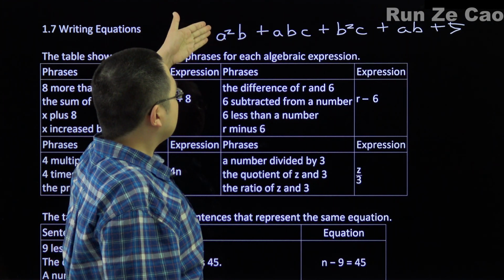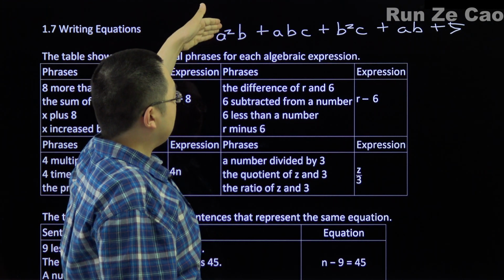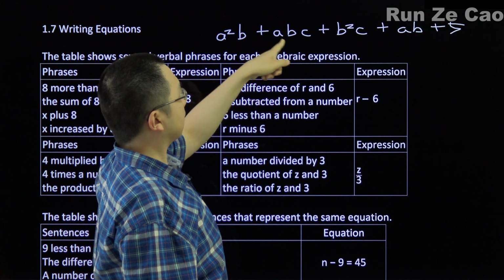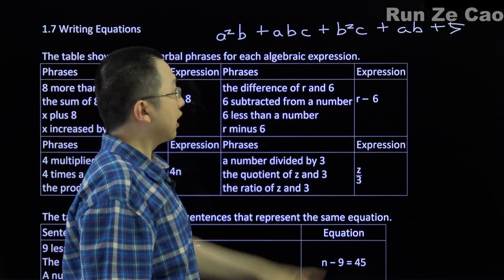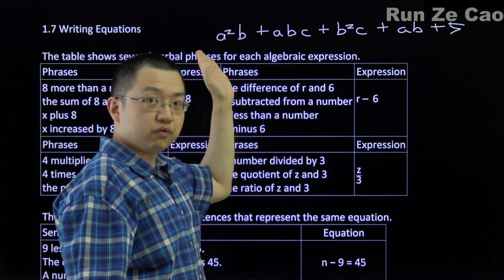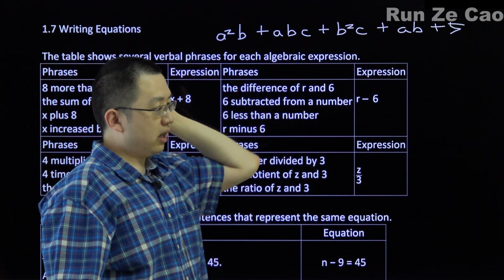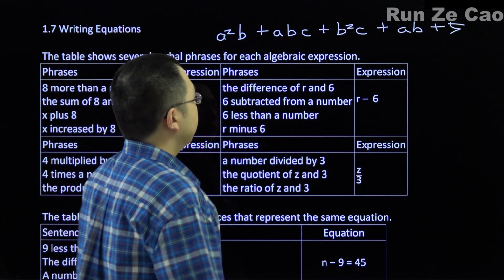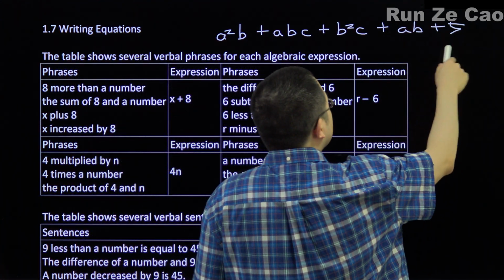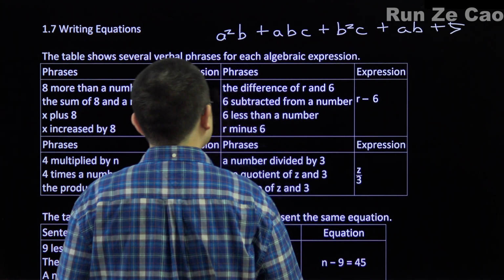Notice that the highest degree, because here there are 3 variables multiplied together, here there are 3, and here there are 3, because there's 2 b's and a c. And here there's 2. The highest degree comes first, and they also tend to go in alphabetical order. And the constant term goes at the end.